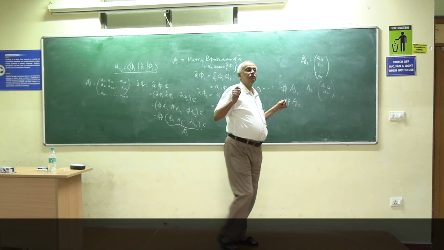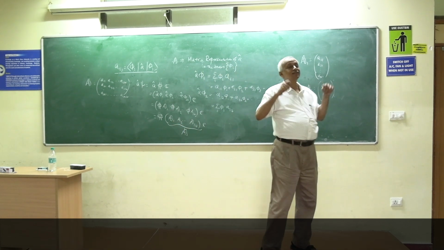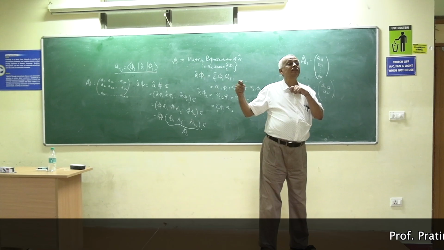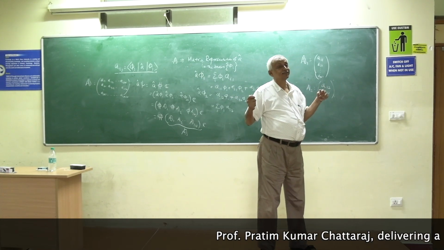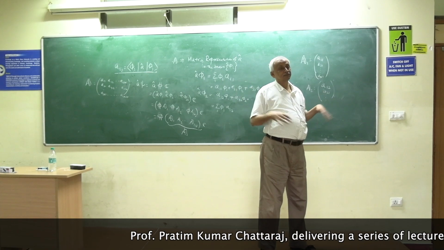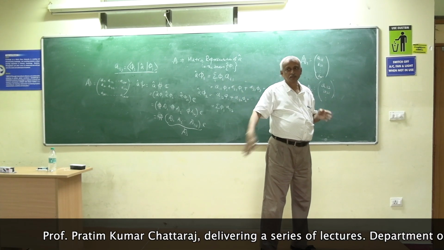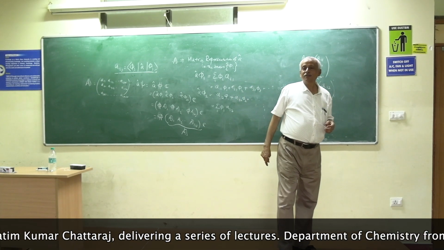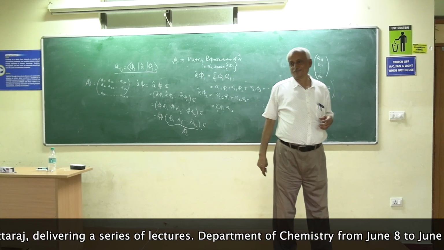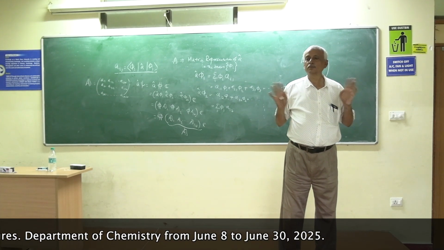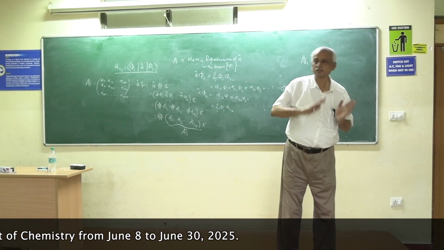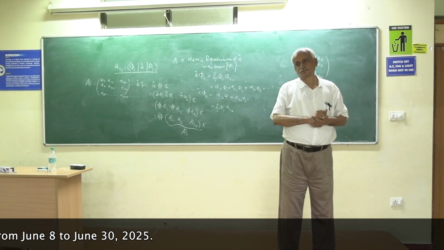Diagonal elements means integral phi i star A operator phi i dx, for any i, 1, 2, 3, etc. They are all diagonal elements. So all diagonal elements are expectation values. And off-diagonal elements, in general, all of them we call matrix elements: diagonal matrix element, off-diagonal matrix element.